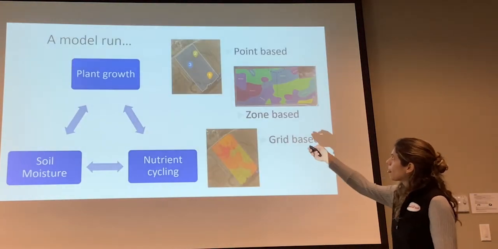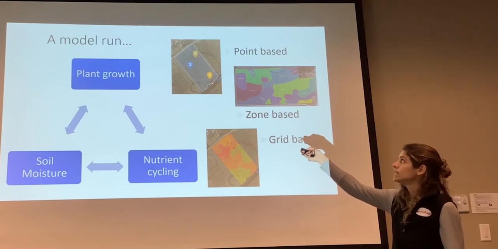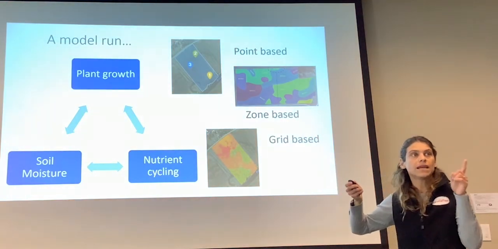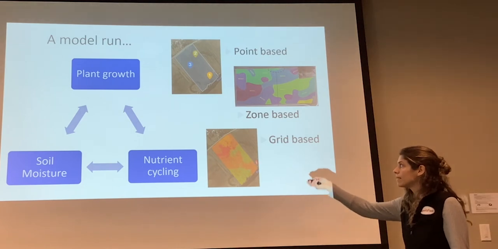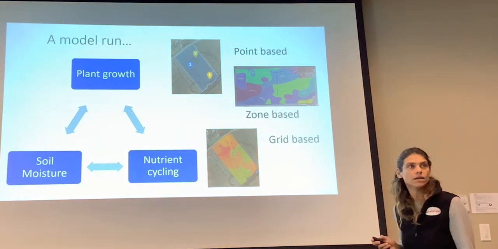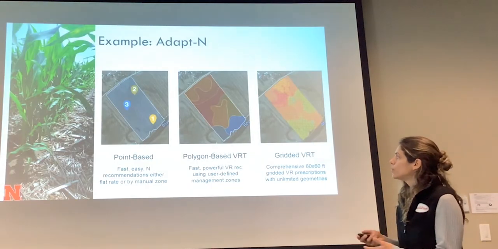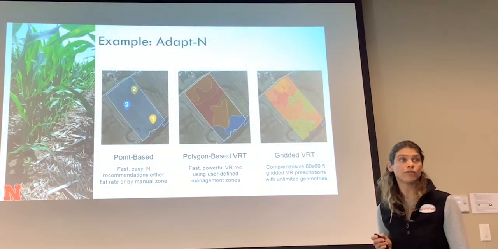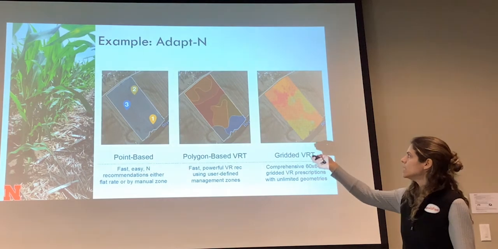And I like this part. Models are being set up so you can run them per point in your field. You can have a single application, you can make an average, you can run it by zones, or you can run it in a gridded way, in a less time-consuming fashion. Point-based is very fast in platforms, for example, like Adapt-N, and I can show you later if you want more details.